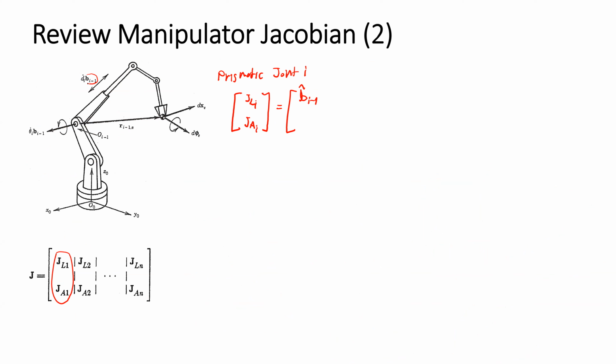For a prismatic joint, for the linear velocity at the endpoint, we have the direction of the unit vector I minus 1, which indicates the z axis I minus 1. And for angular rotation, a prismatic joint doesn't change the rotational speed at the endpoint. So we have the zero vector.